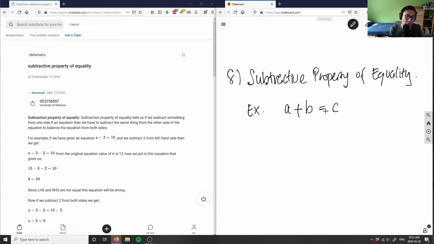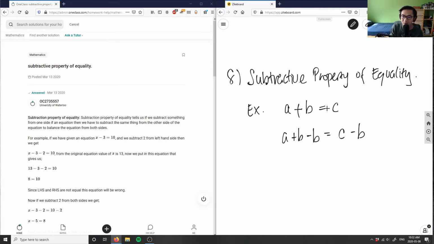For the property of equality, if I want to get rid of b, I need to subtract b from both sides, and that's what I'm proving here. If I subtract b on one side, I have to subtract b on the other side, because minus b equals minus b. I'm doing the same thing to both sides.